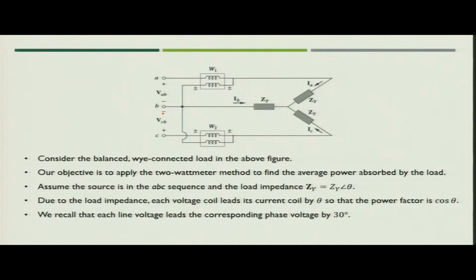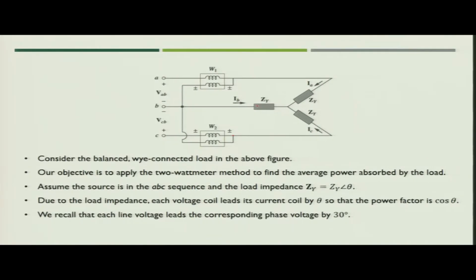So, VCB will be the potential across the potential coil, because we consider B as a reference point for the connection of the wattmeter coils. Now, IB is the current which is flowing in B phase, IA in A phase and IC in C phase. So, these IA, IB, IC are also the line currents.